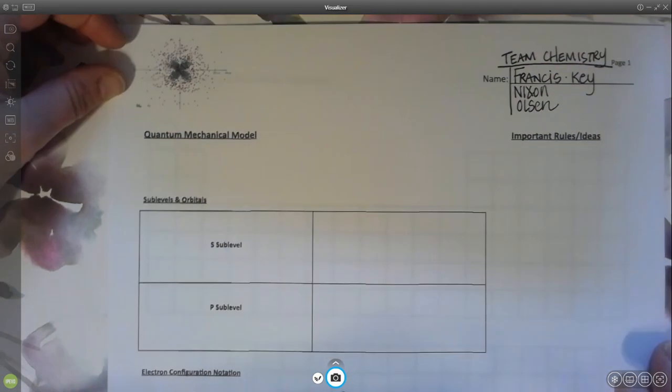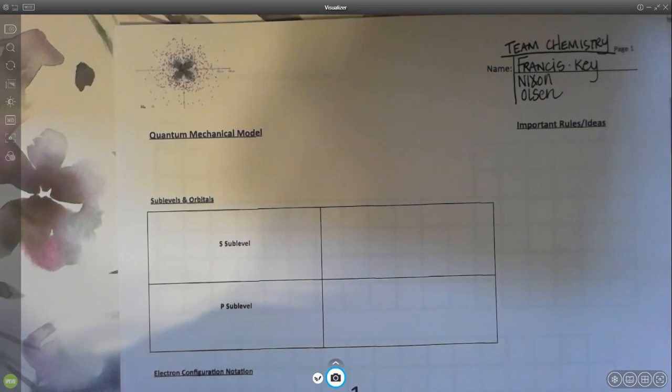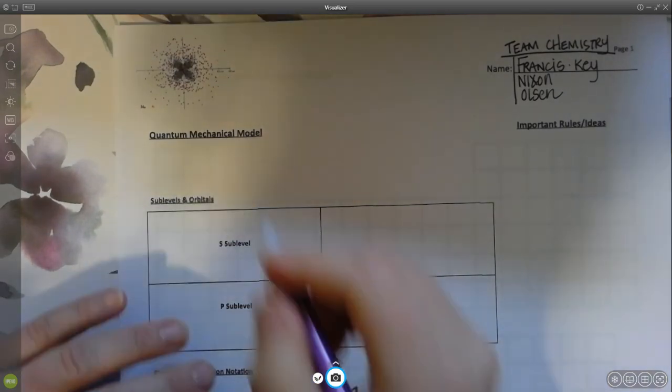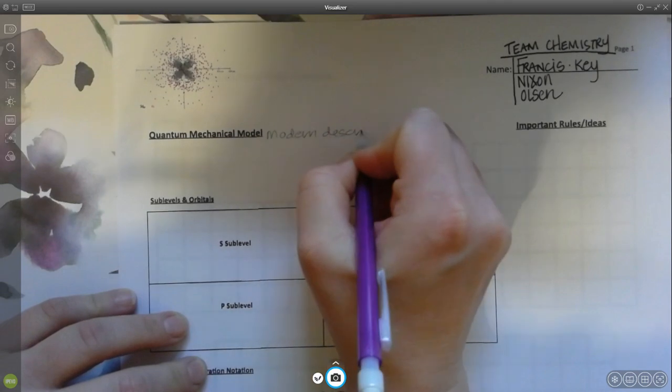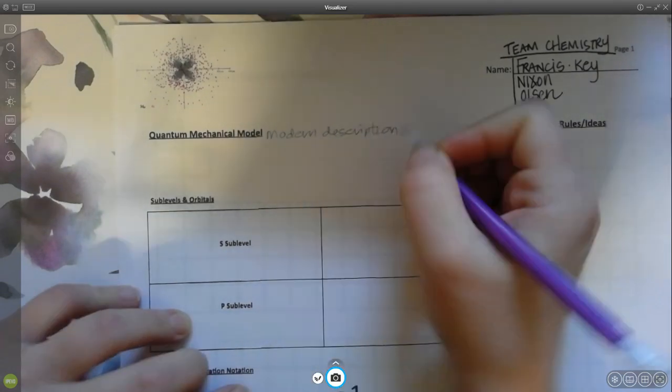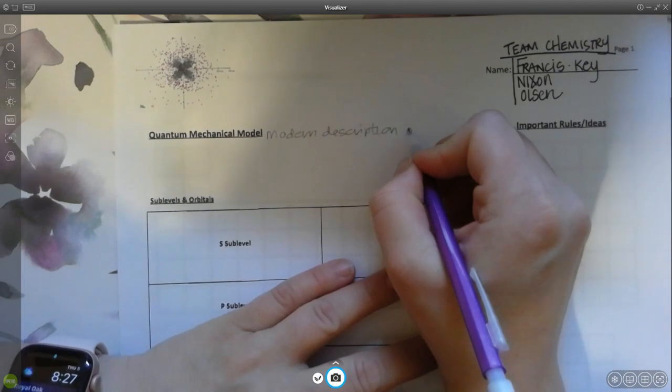Let's start off with a definition of the quantum mechanical model. So the quantum mechanical model is the modern description of an atom's or ion's electrons or position.